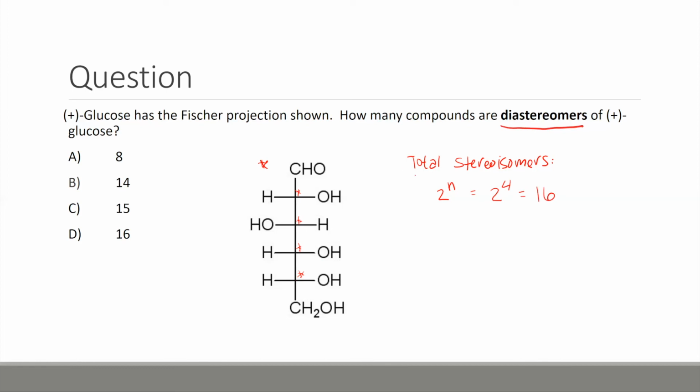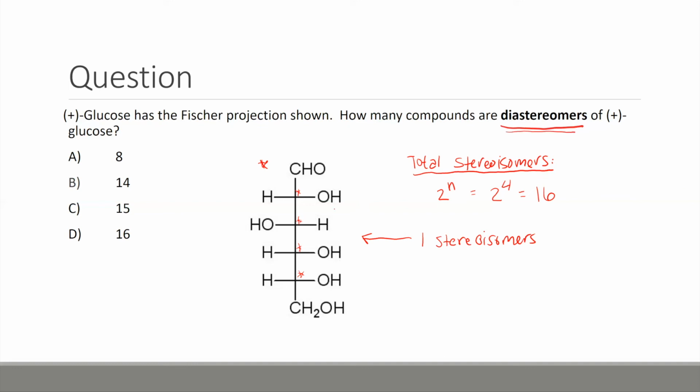Now this is total stereoisomers. One of the stereoisomers is this molecule itself. We've already shown you one of them. This question asks how many diastereomers of this compound are there?